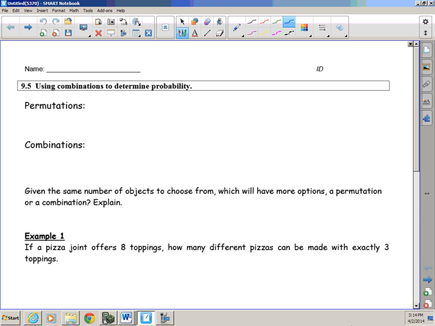Today, just to reiterate what we said, a permutation is an arrangement of objects in which order matters.